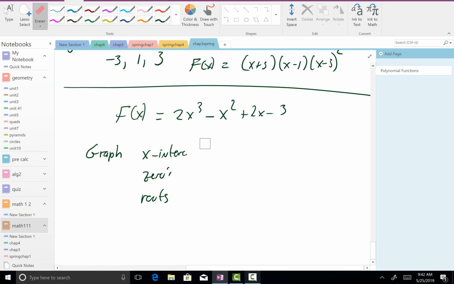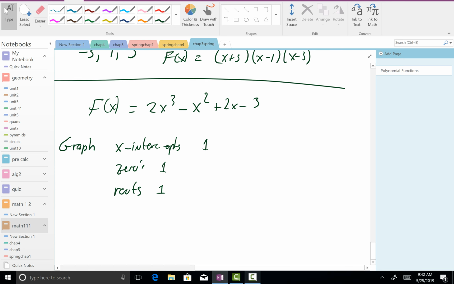So what I'm going to do now is perform a technique on this to see what the other zeros might be, or roots. Does this just have one x-intercept? Yes. We're going to see what the other zeros might be. Here's how we're doing it.